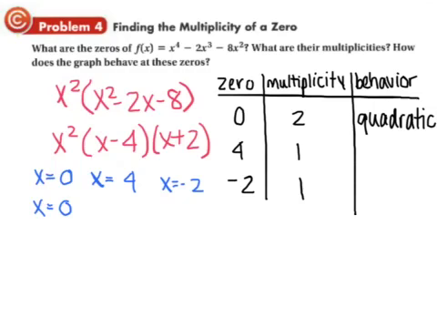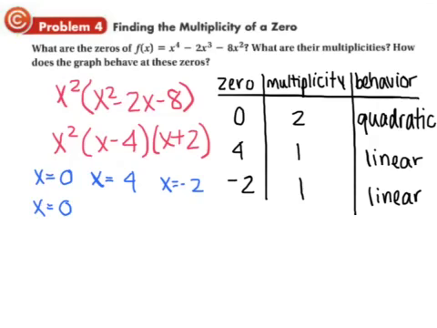A 0 with multiplicity of 1 behaves as what? Jess? Yes. So that is all the question is asking us to do.